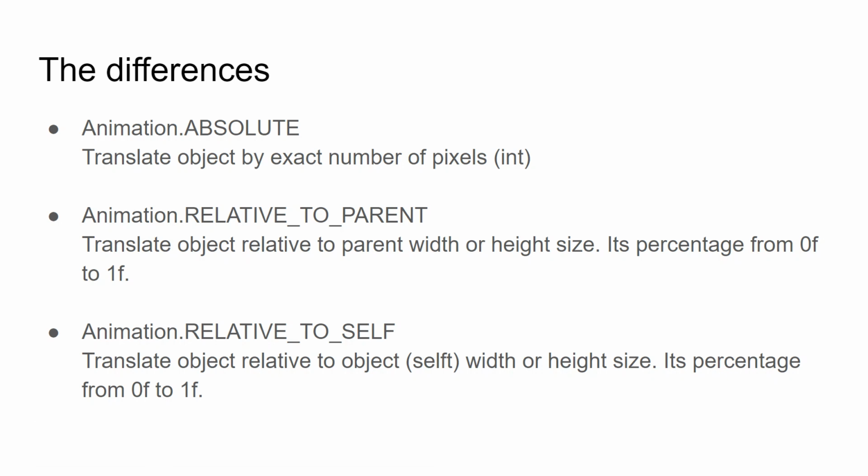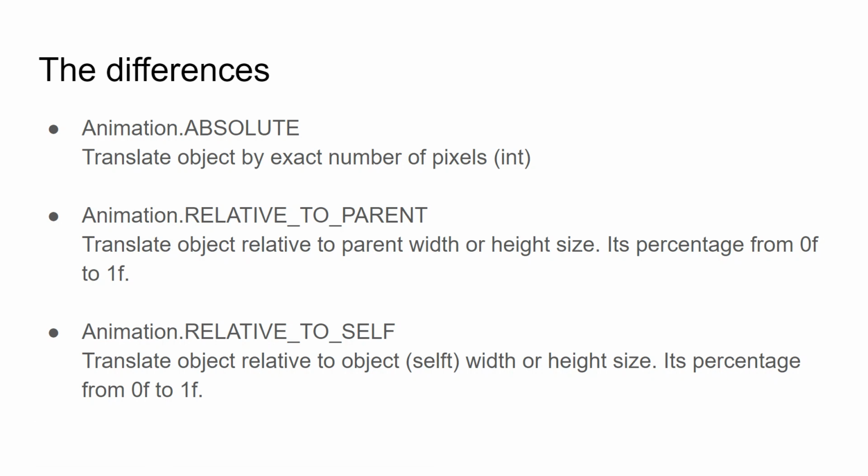For example, if you have a rectangular image that is 100 dp in both width and height, and you want to move it on the x coordinate using relative to self by 50%, it only moves 50 dp, because it is relative to itself.